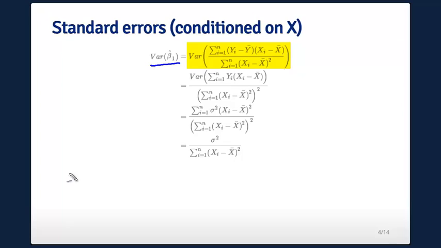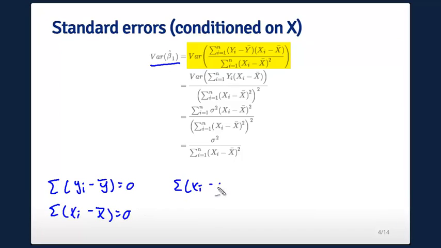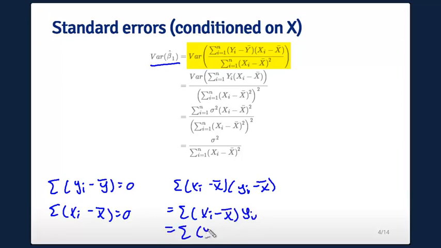Then remember that because summation yi minus y bar equals 0 and summation xi minus x bar equals 0, we could write summation xi minus x bar times yi minus y bar either as summation xi minus x bar times yi, or as summation yi minus y bar times xi.